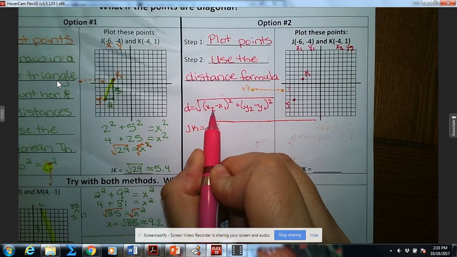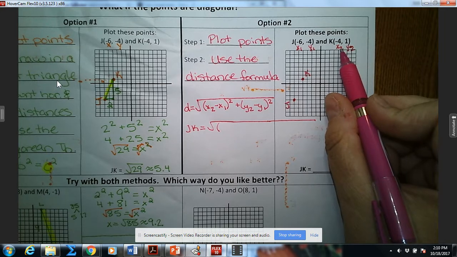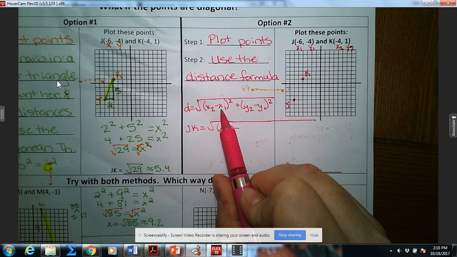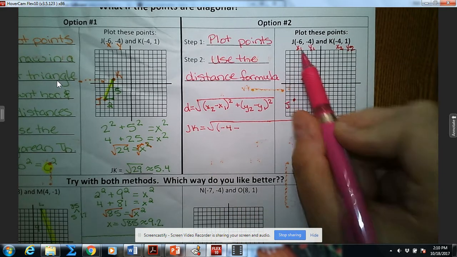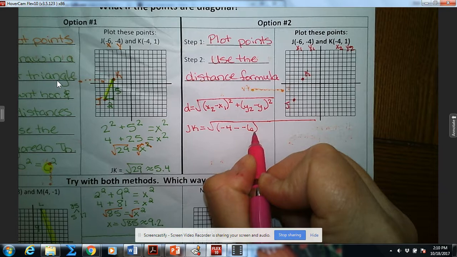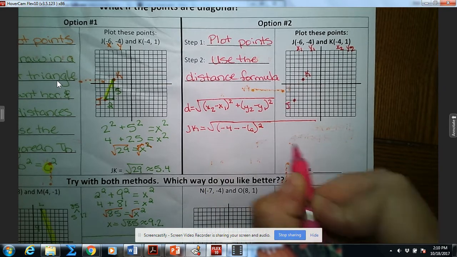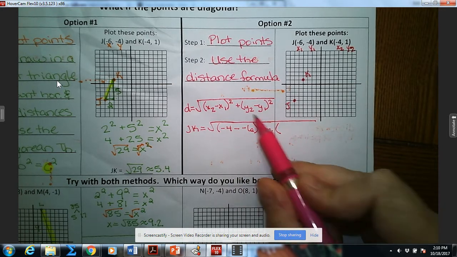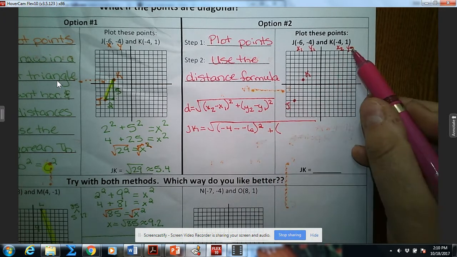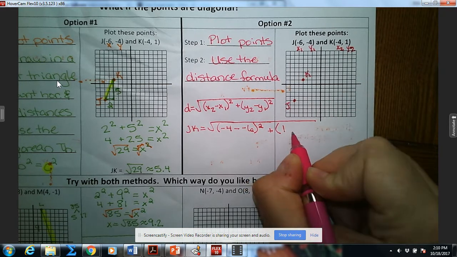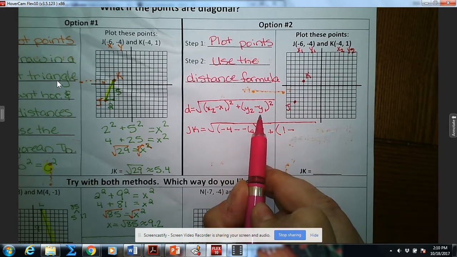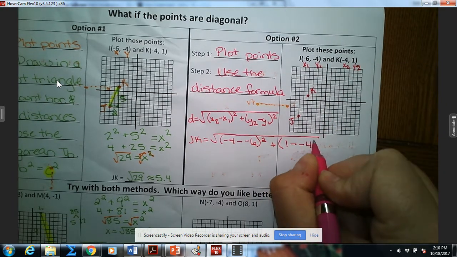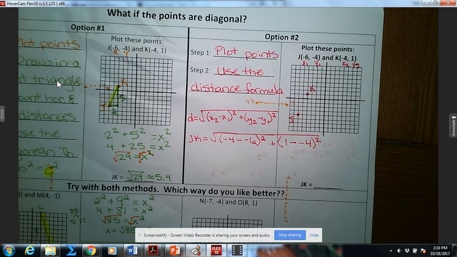X value number 2, which is -4 from the K, minus X value number 1, which is -6 from the J, close parentheses squared, plus, second set of parentheses, Y value number 2 from point K, which is a 1, minus Y value number 1 from point J, which is a -4, close parentheses squared.